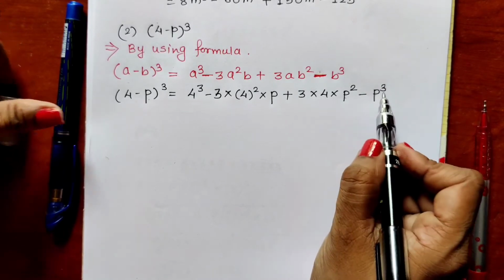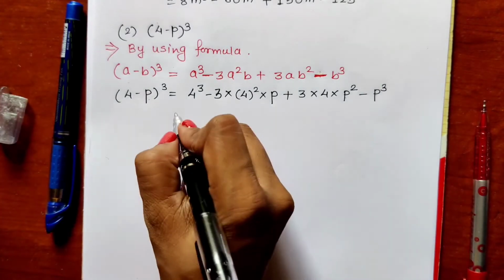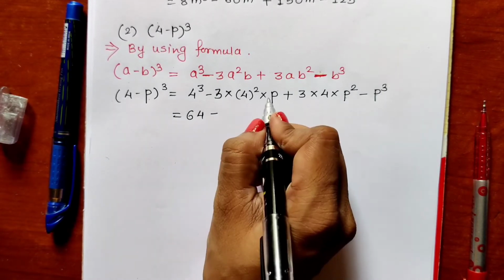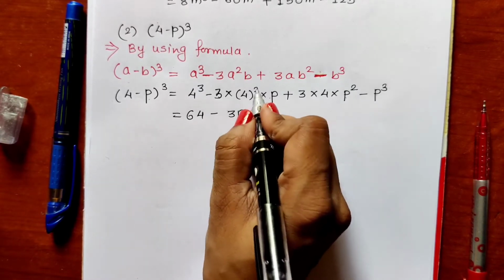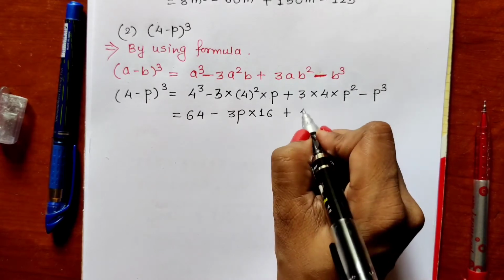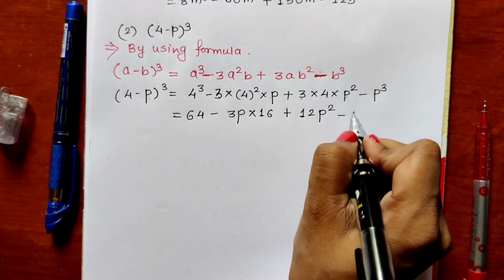Since these are single variables, I have not put brackets here. What is 4 cube? 64 minus 3p multiplied by 4 square, which is 16, plus 3 fours are 12 into p square is 12p square minus p cube.